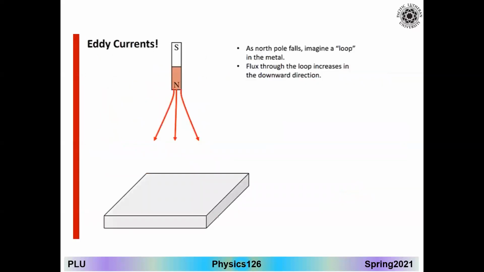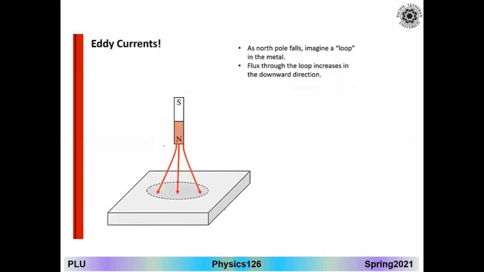Let's see another topic here, what we call eddy currents. Imagine we have a piece of metal, and we have a magnetic rod on top of it, and we just drop the magnetic rod down toward the metal.